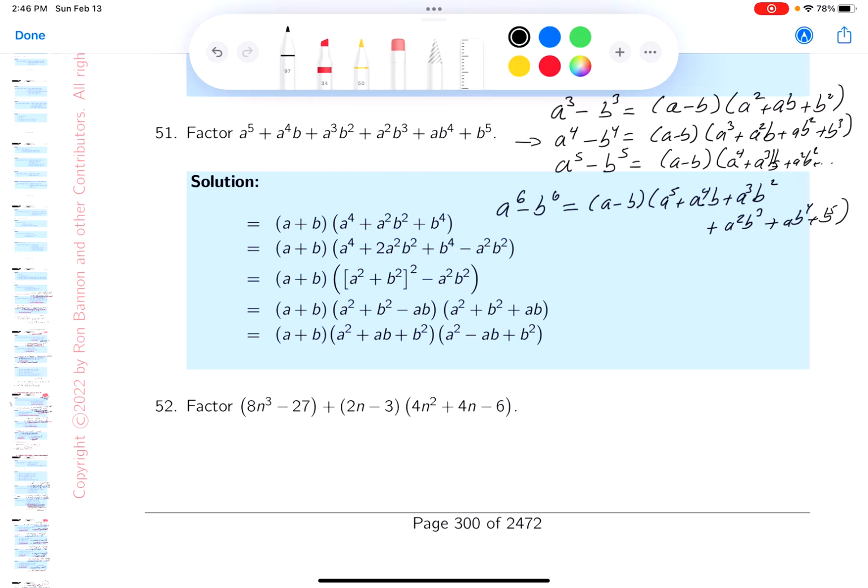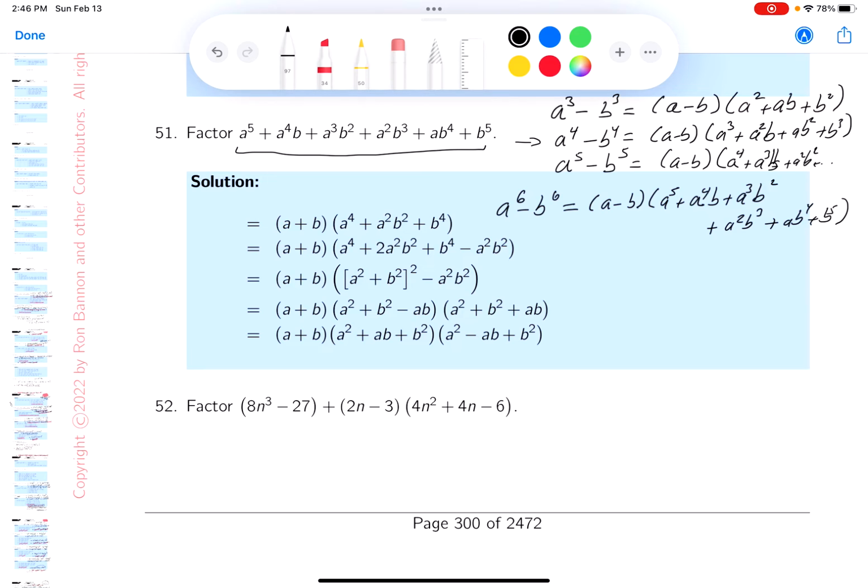Now someone says it's remarkable. I'm seeing that over here. What are you seeing? A5, a4b, a cubed b squared, and so on.